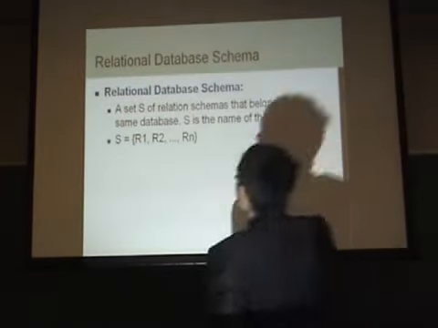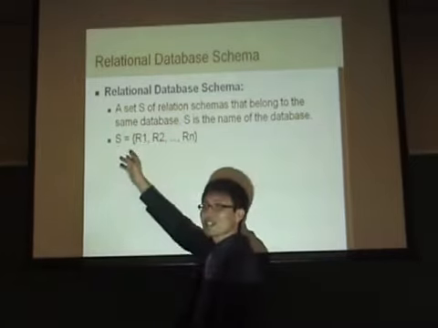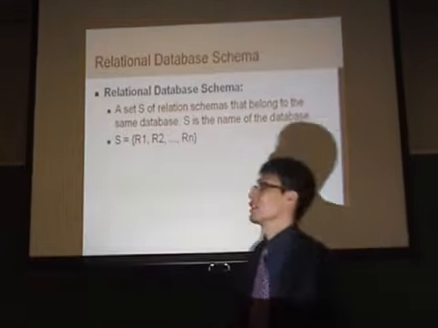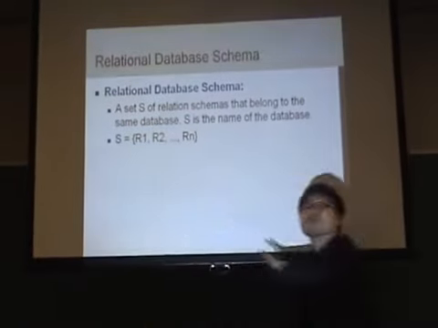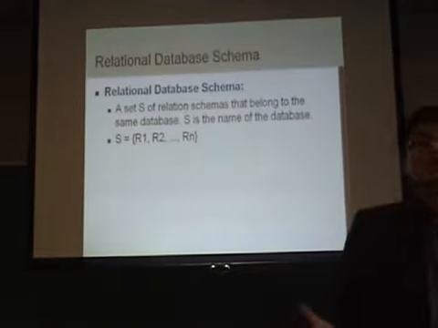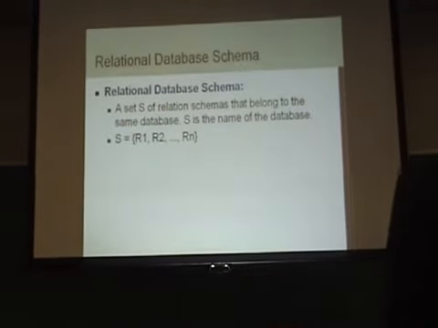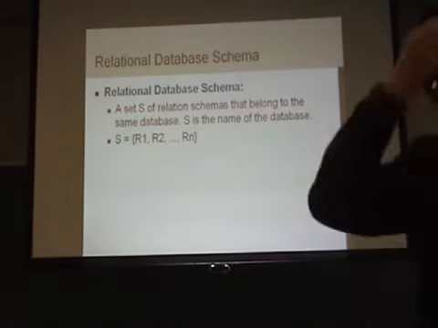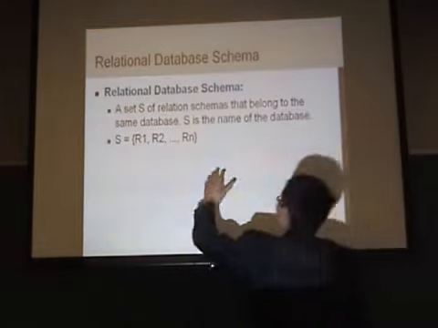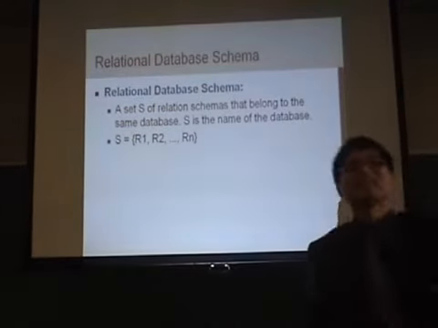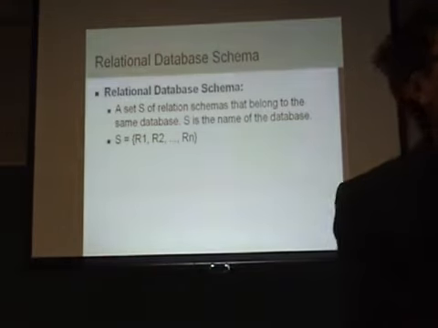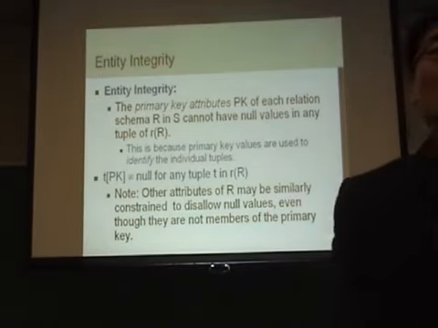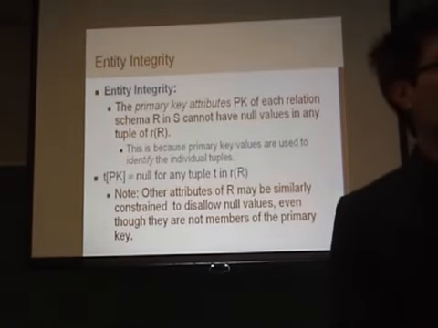By grouping a set of relations we can describe the database. This is called the schema of your database. What is a schema? A schema is a description. A set of relations can describe your database. That is called the relational schema. Then, the first characteristic is: each relation has what?